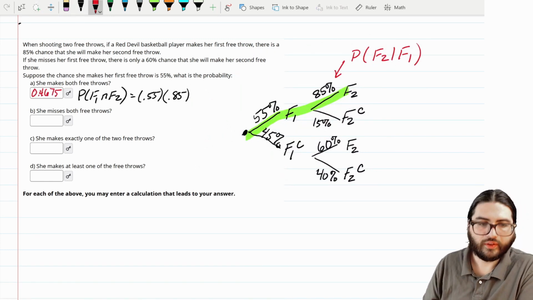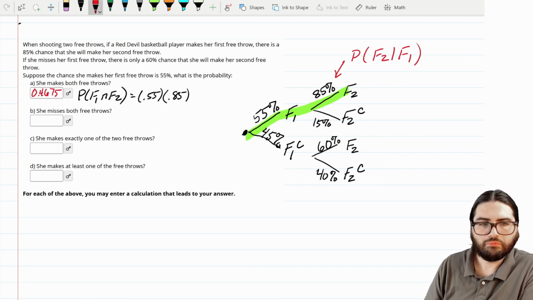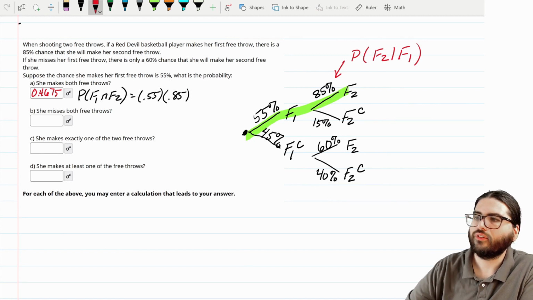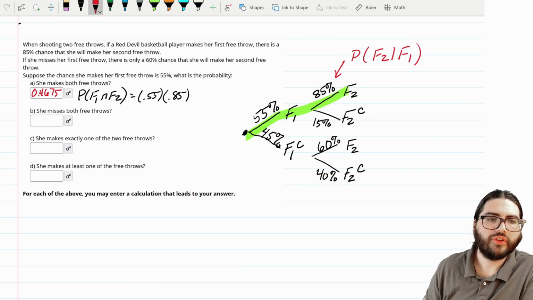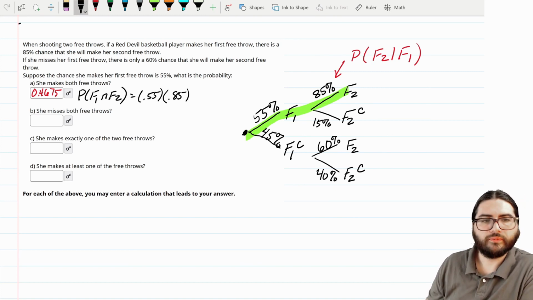Again, you could give that as a reduced fraction, but 0.4675 should be an acceptable answer. A little bit less than 50%. A little bit less than a coin toss. Still pretty good odds.